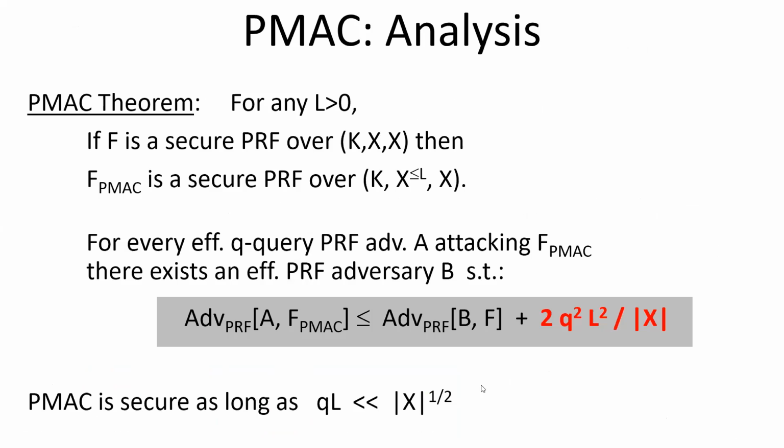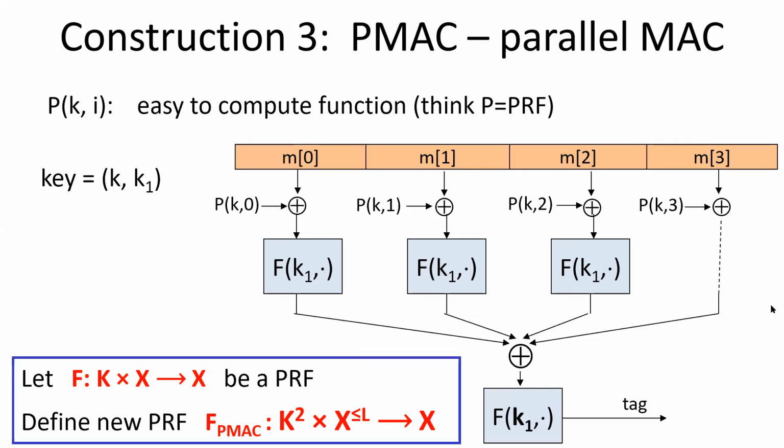So here is the security of a parallel MAC. It is a worse exact bound here. I have to multiply by the number of blocks. I didn't have that in the other constructions. It is intuitively what you would expect, that because of the parallelism, some bad events that happen can be reused all over the place, right?